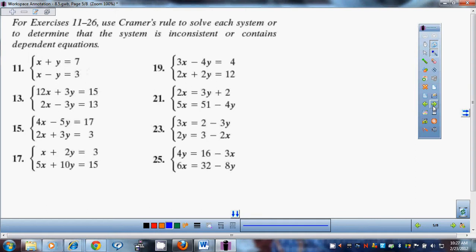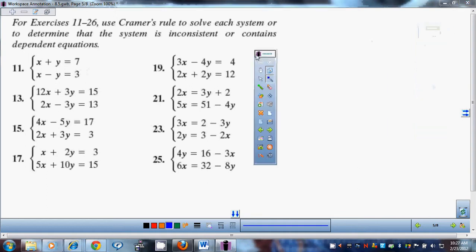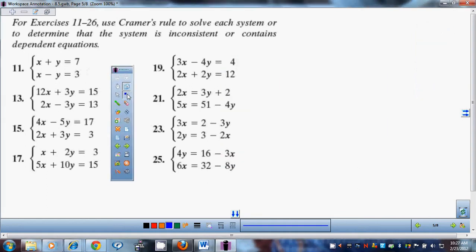I'm sorry, this is 8.5. Cramer's rule. There's one last method for finding the solution to a system of equations, and that is called Cramer's rule. Now this is a 2x2 determinant matrix.